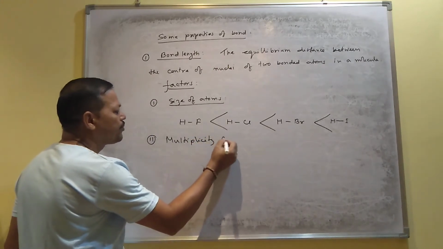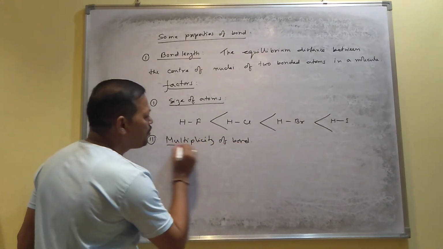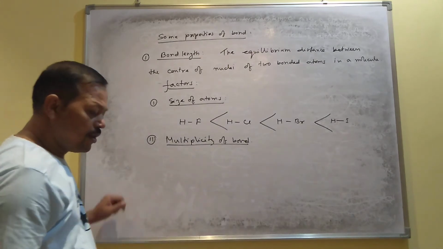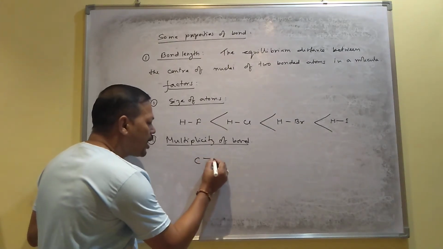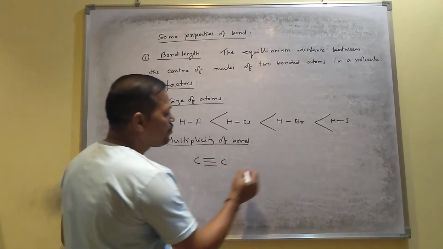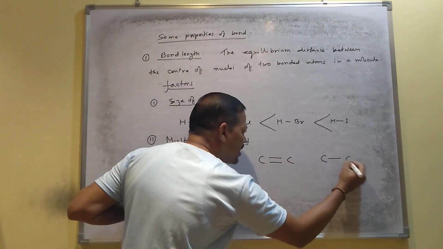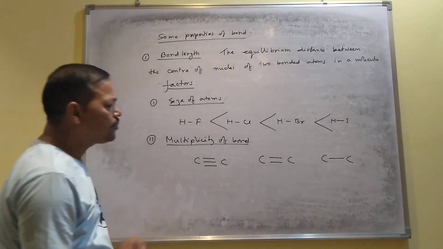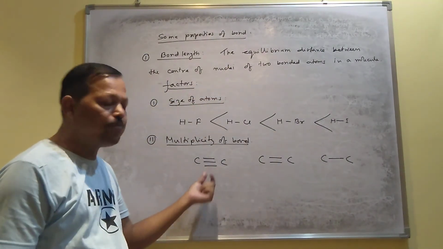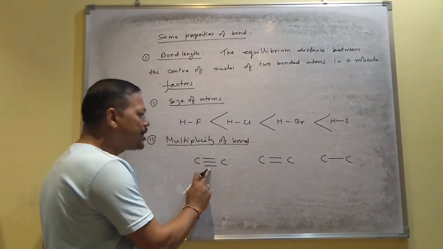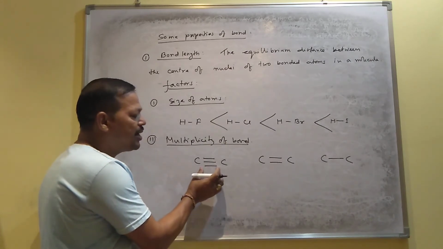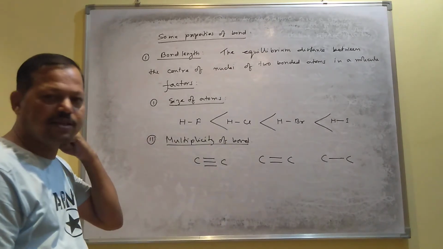Number two, it depends on multiplicity of the bond. Multiplicity of the bond means, suppose carbon-carbon triple bond is present, carbon-carbon double bond is present, carbon-carbon single bond is present. This is called multiplicity of the bond. As the bond multiplicity increases, the length of the bond decreases.